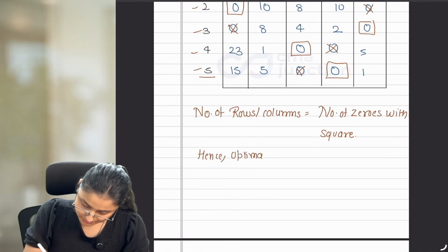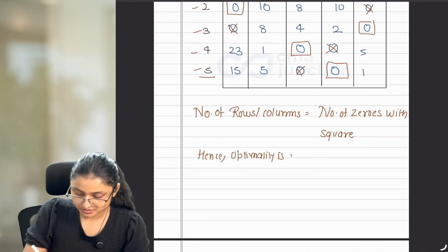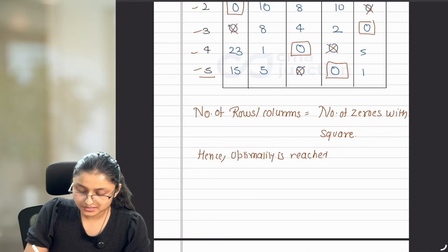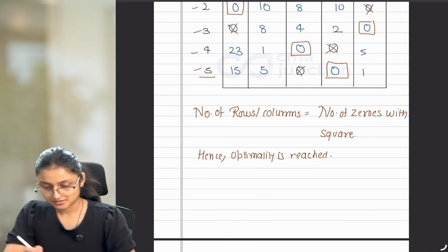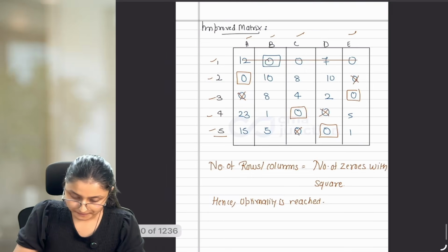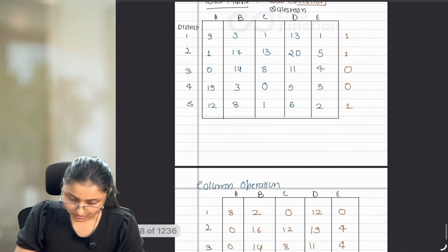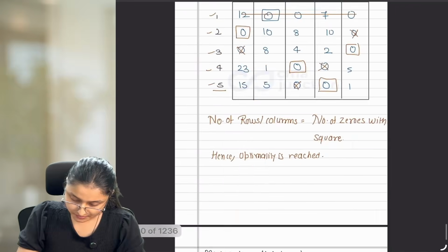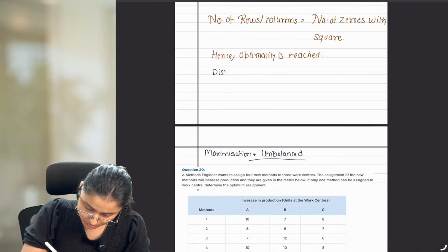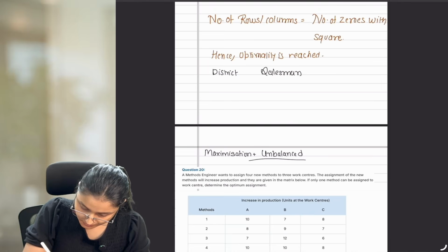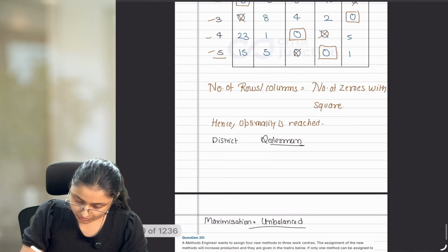Hence optimality is reached. Very important question. With the help of this we understood a new thing. So just write it down. The answer, that is district and salesmen. District we have 1, 2, 3, 4, 5.